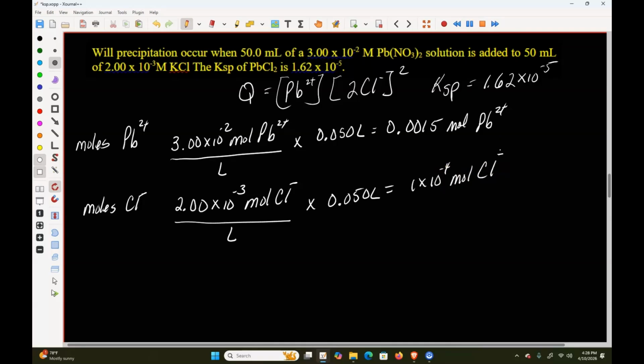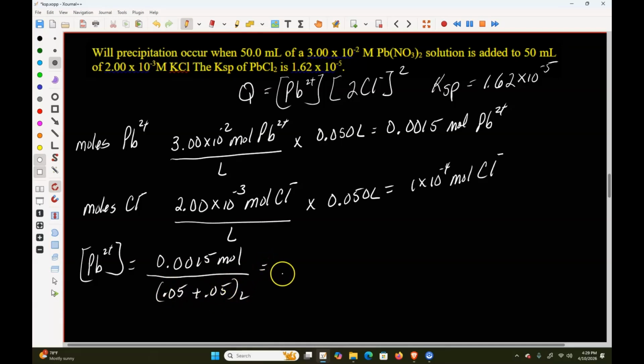Let's convert this into concentration. So my Pb concentration is going to be equal to 0.0015, that's moles, divided by the total volume. I have 50 plus 50 milliliters. That will give me 0.015 molar lead-2.